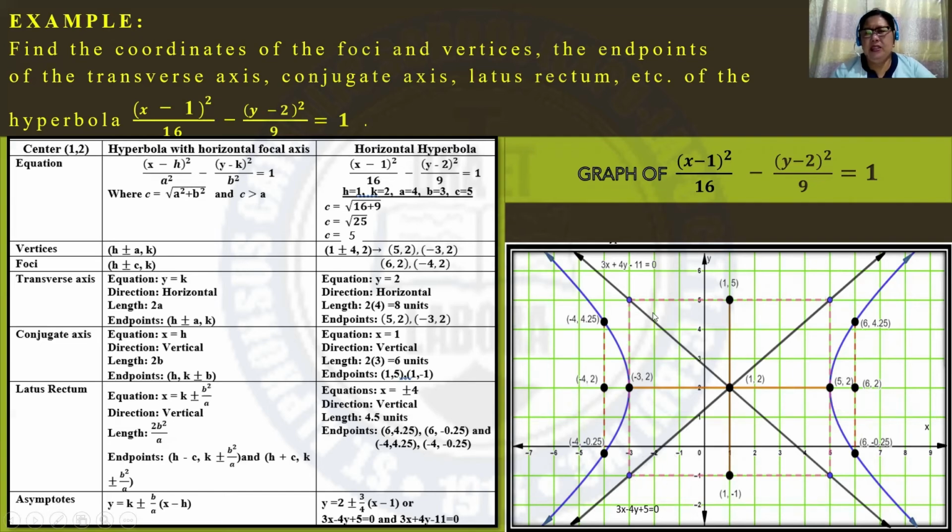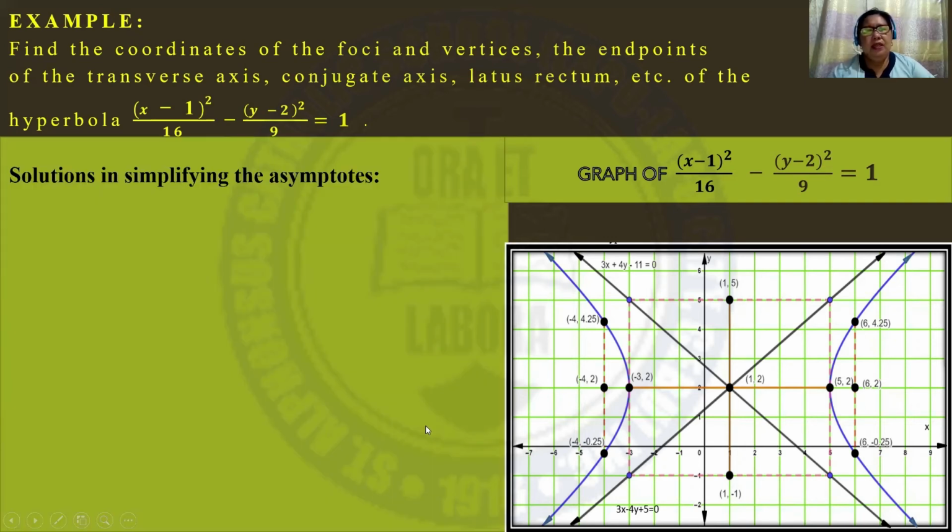And do not forget to label the graph properly. As I said, you may include or you may not include the directrices.